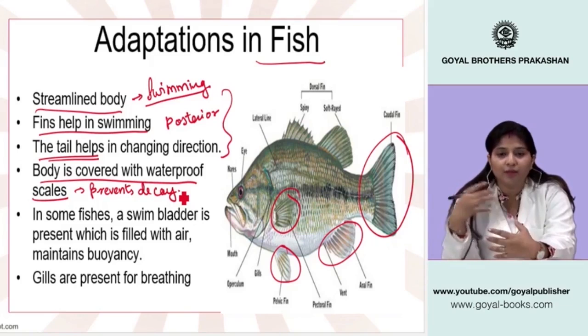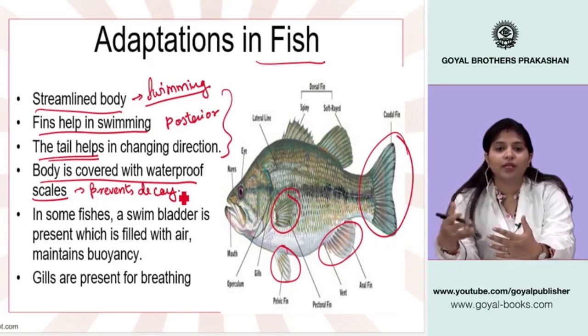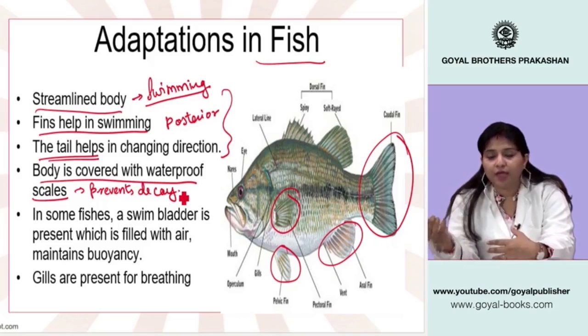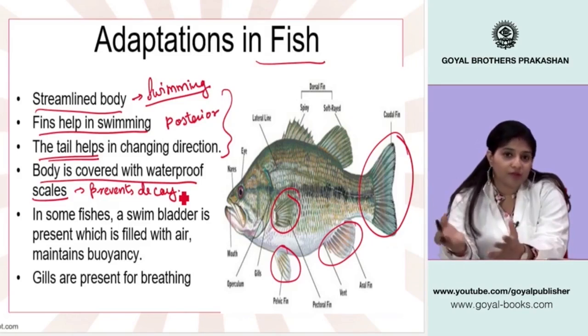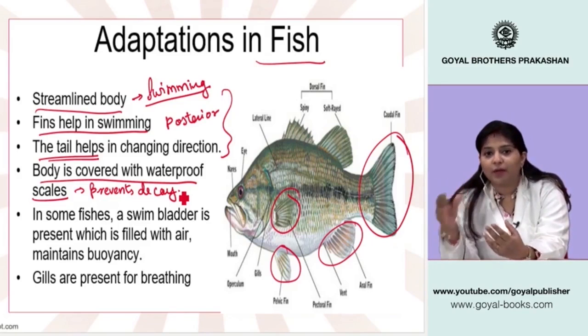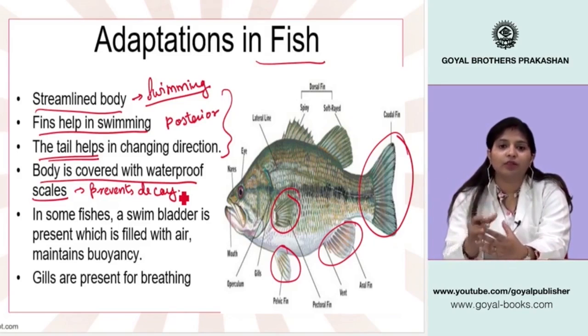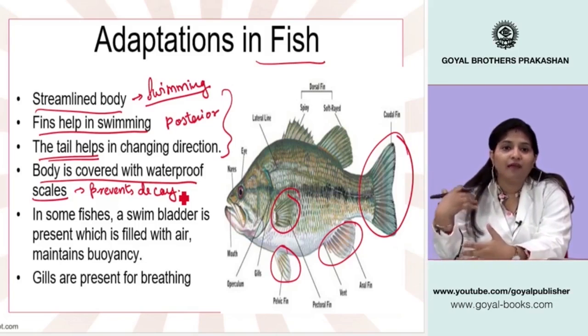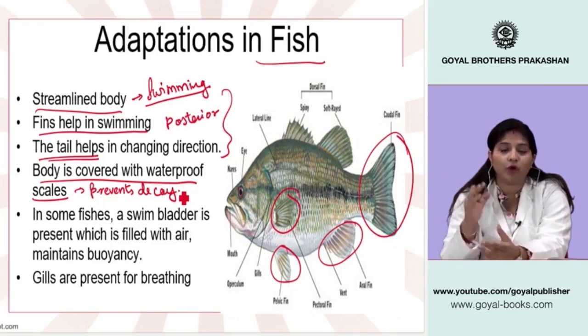We've seen that if you keep something in water for long, usually if it is not waterproof, it will start to wear off, it will start to decay. In the same way, plants as well as aquatic animals are protected: in plants you see waxy coating, whereas over here they have scales which help them become waterproof and avoid decay, right?